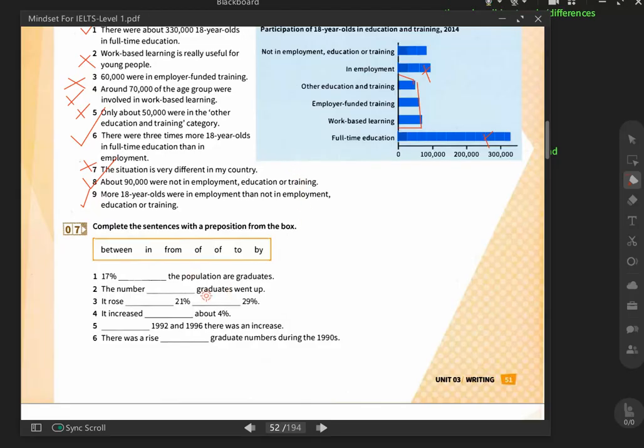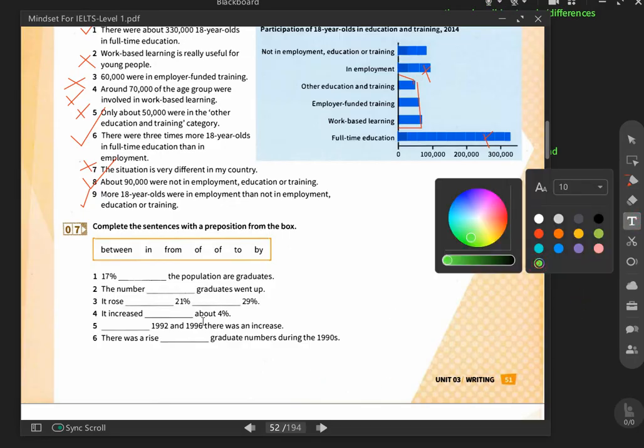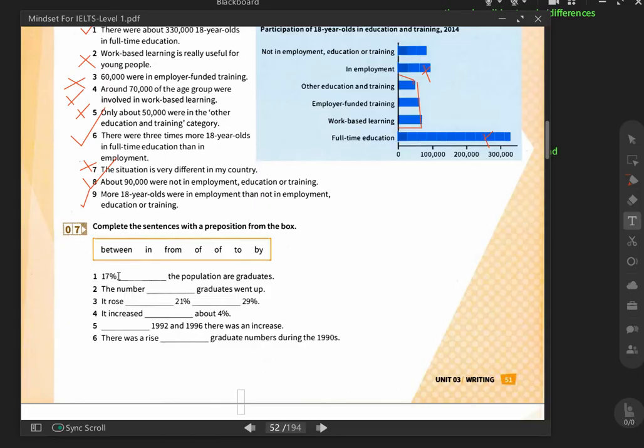That is really important. Well, now let's complete the sentences with the preposition from the box. Okay, 17%. 17% of the population are graduates.